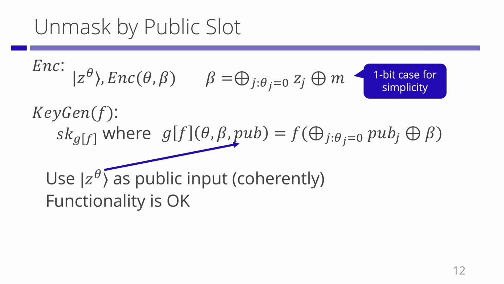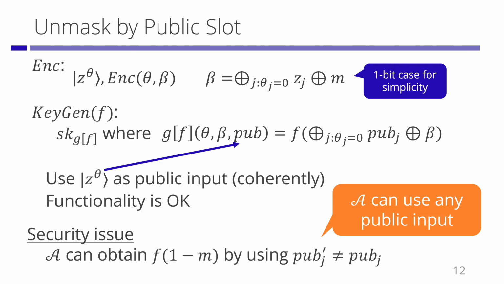So if we use the BB84 state as a public input, then we can unmask beta. We can apply this decryption algorithm in a coherent way, so we can obtain F of M by using public slot FE. The functionality is OK now.